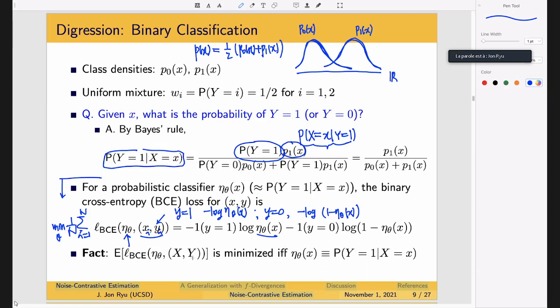And the fact is that when you take the expectation of this binary cross entropy loss with respect to the underlying distribution defined as above, it's minimized if and only if the probabilistic classifier becomes the underlying conditional distribution of the label being 1. I believe you're very familiar with this kind of stuff, and this is just a reminder.